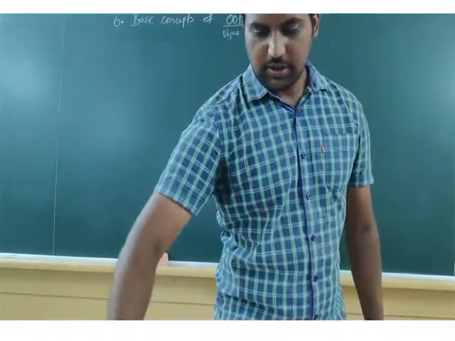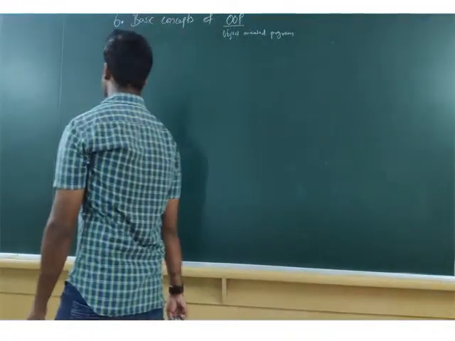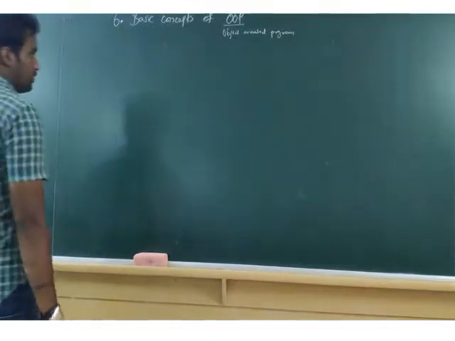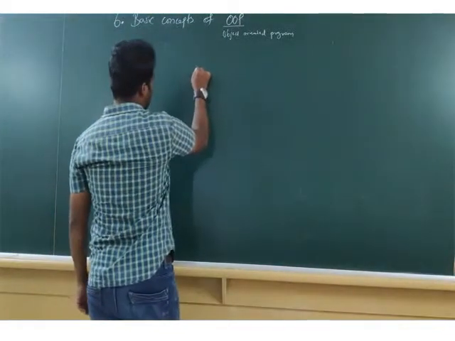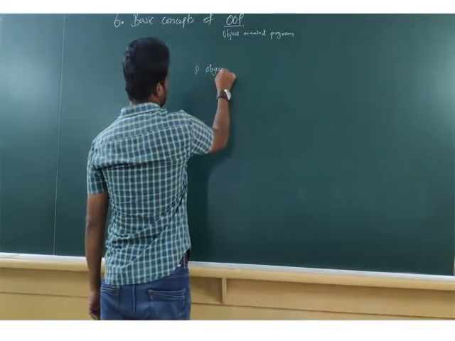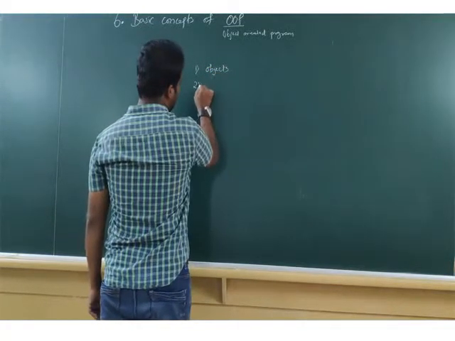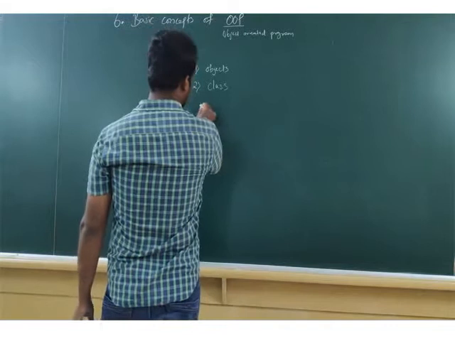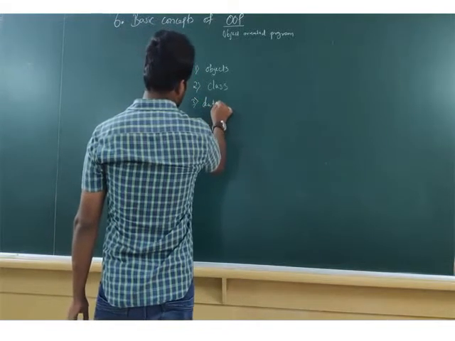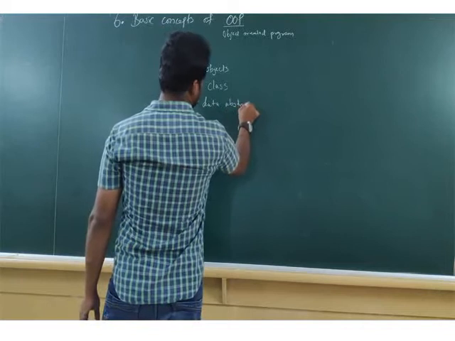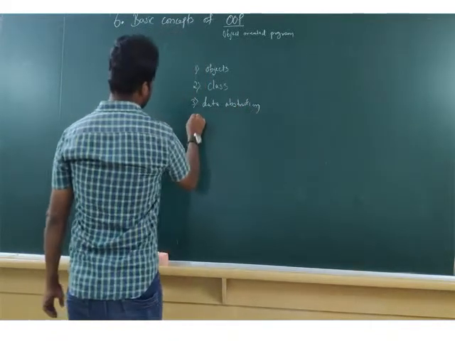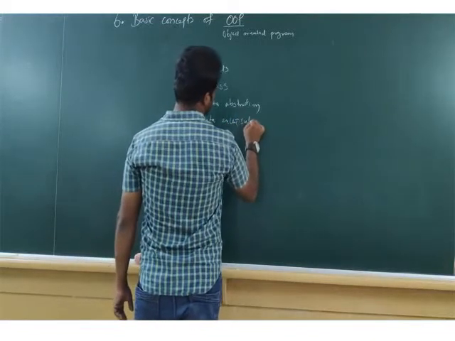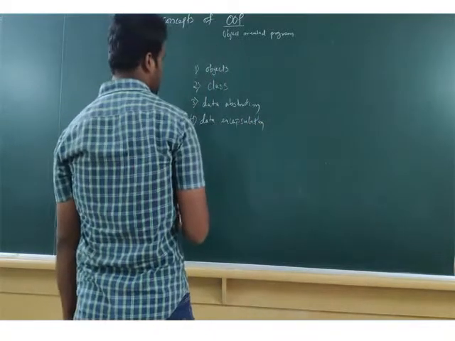Next comes basic concepts of OOP. So what are the basic concepts of OOP we have? First point, objects. Second point, class. Third point, data abstraction. Fourth point, data encapsulation.